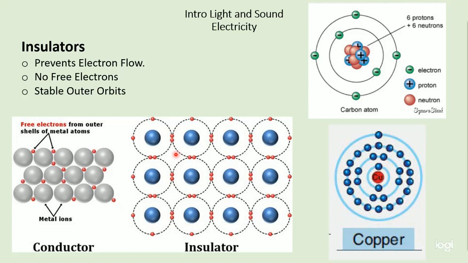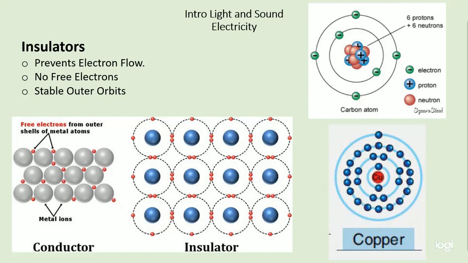Oftentimes it's not even an atom, but a compound, which is a collection of different kinds of atoms that are very stable. Carbon is electrically stable. It has 4 valence electrons close to the nucleus, and they are very stable. So that's a filled outer shell, and atoms with 4 or more valence electrons tend to be good insulators.